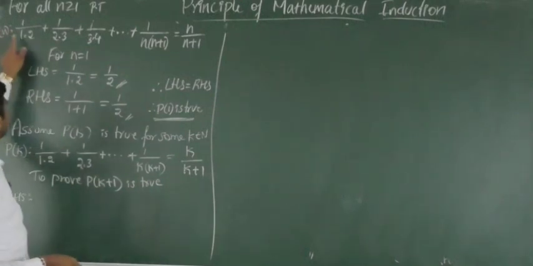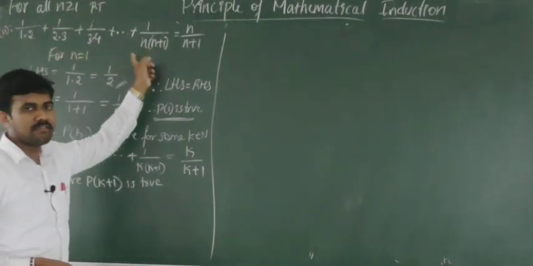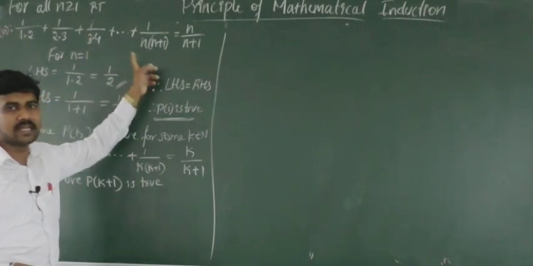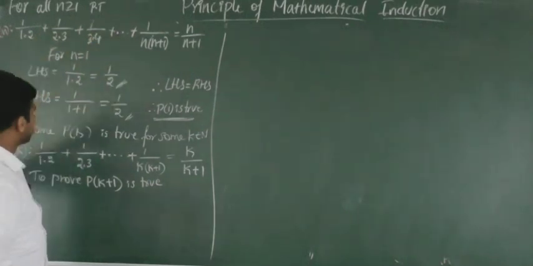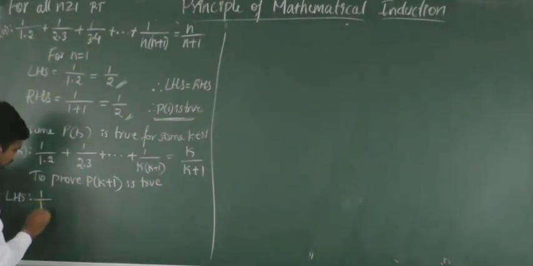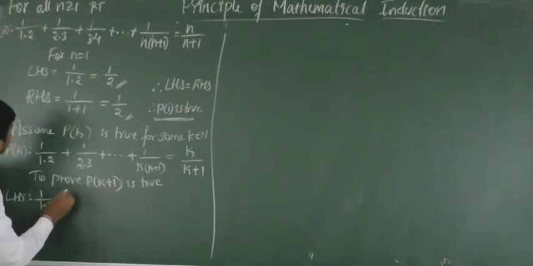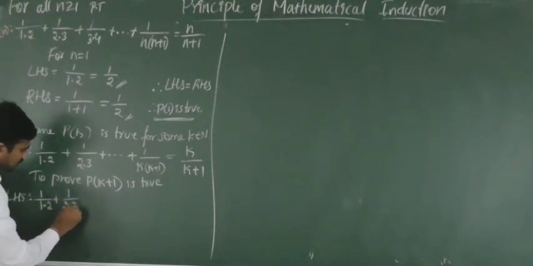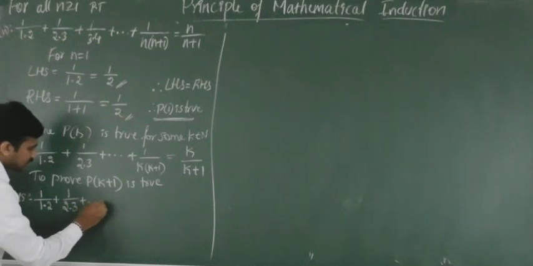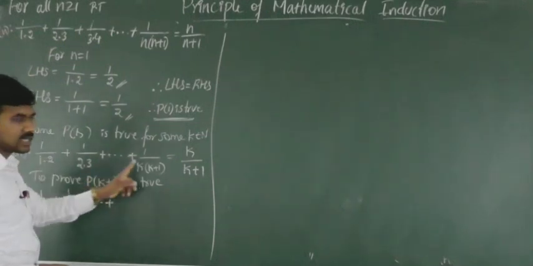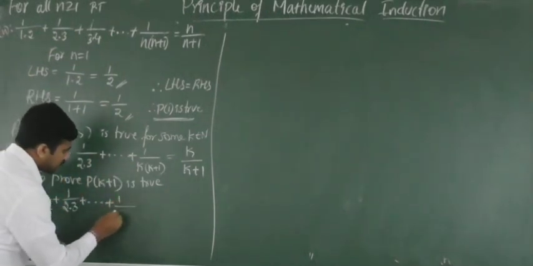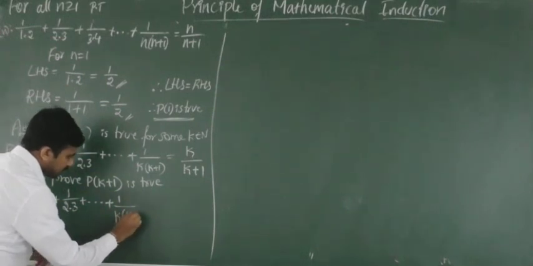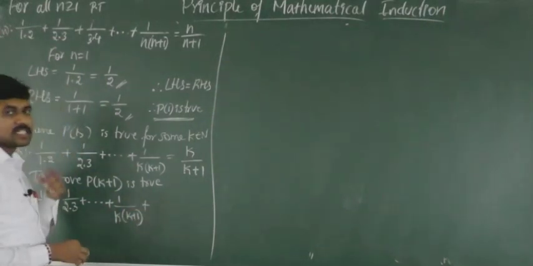P of k plus 1 we will get by replacing n as k plus 1. So write the LHS: 1 divided by 1 into 2 plus 1 divided by 2 into 3 and so on, then the kth term, 1 divided by k into k plus 1, plus you write the k plus 1th term.